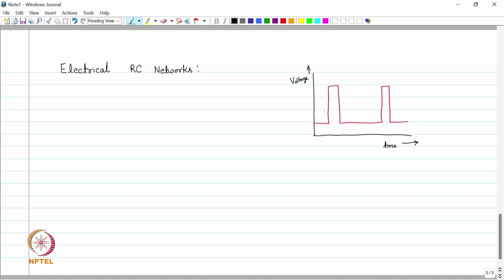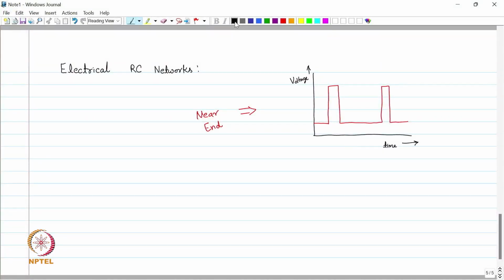You can see that rising and falling edges are very steep, and it's almost a square kind of pulse. When we send this kind of signal at the near end, so this is our near end pulses, we are sending very perfect signals.